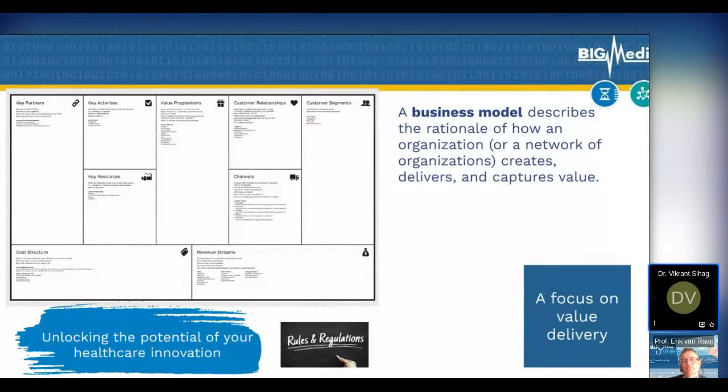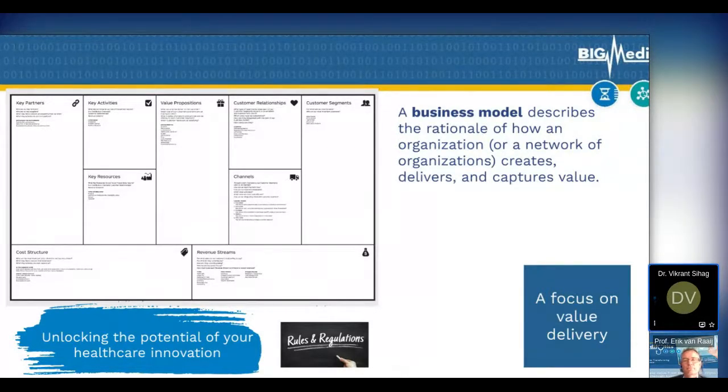But a key critical element that was missed at the beginning of the BigMedilytics project was the rules and regulation that is key to healthcare projects. As you might have also heard a lot of times in yesterday's presentation, GDPR plays a key role, and it underlies various key activities that are involved in the BigMedilytics project.